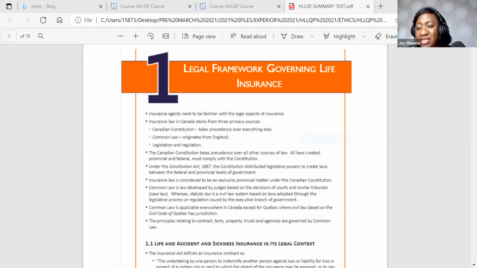The offer is when the insurance company issues the policy. And the acceptance is when the insured accepts the policy. Under the law of Canadian common law jurisdictions, it is the insurer's tender of the policy which constitutes the offer, and the acceptance takes place only when the applicant decides to take and receive the policy.